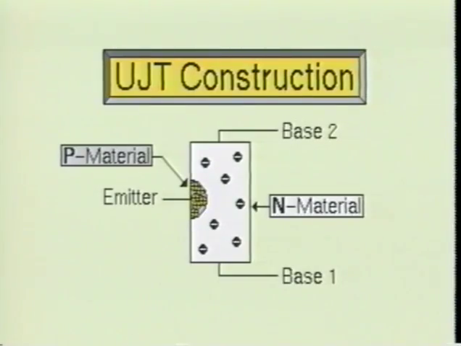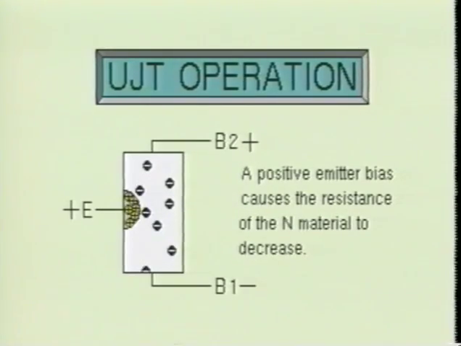The unijunction transistor is constructed of a bar of lightly doped N-type silicon with a small piece of heavily doped P-type material attached to one side. Since the silicon bar is lightly doped, it has a very high resistance. When a positive bias voltage is applied to the emitter, the PN junction becomes forward biased and current will flow through the PN junction. This causes the resistance of the N-type bar material to decrease.